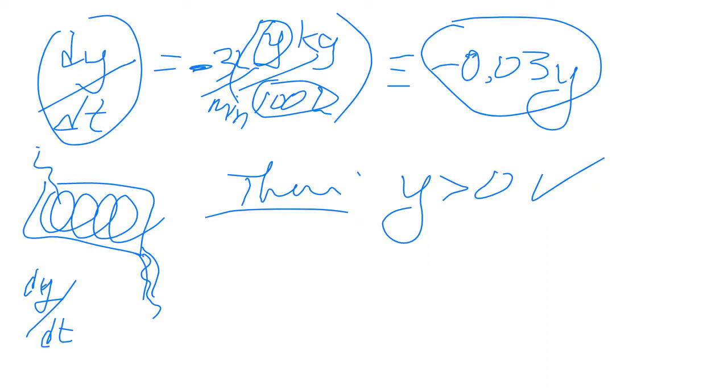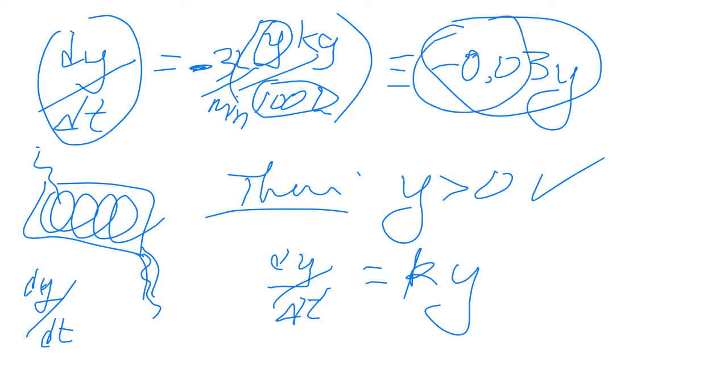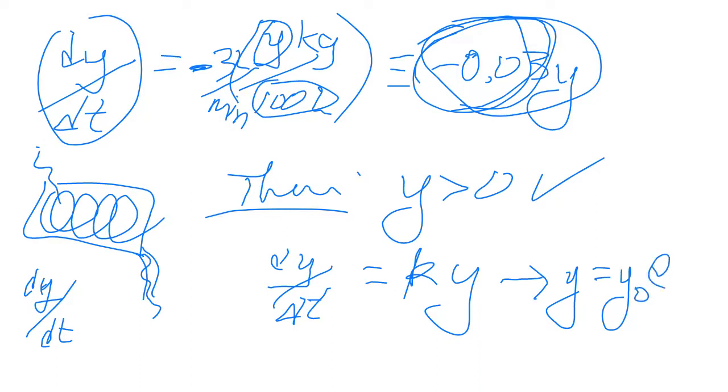And furthermore, if we know that dy/dt equals some constant times y, which we do up here, my constant is -0.03 here, then that's going to imply that y equals y0 e to the kt.